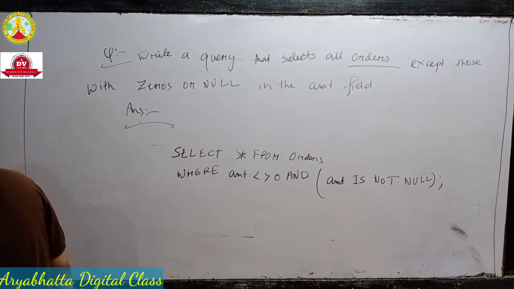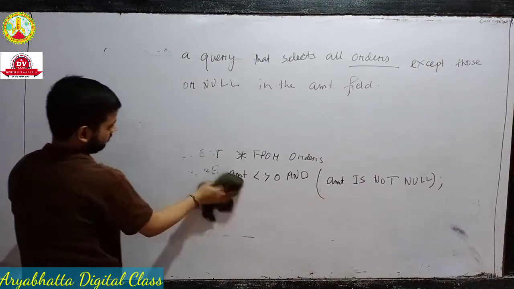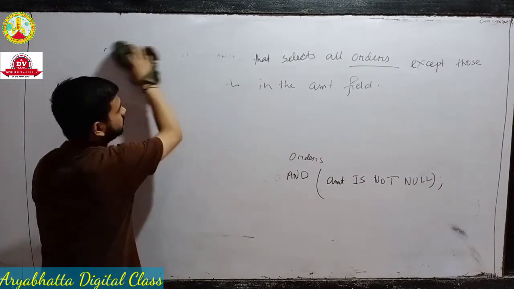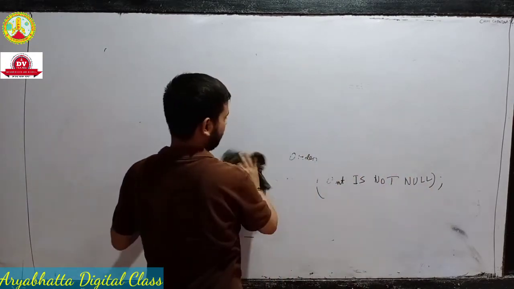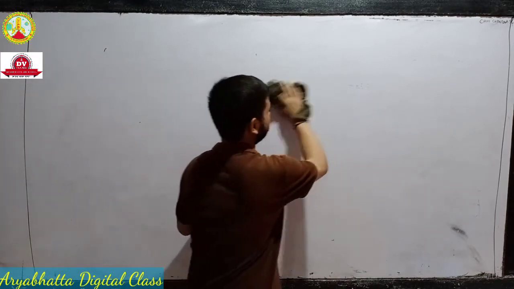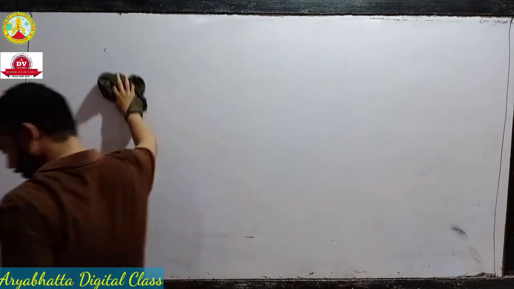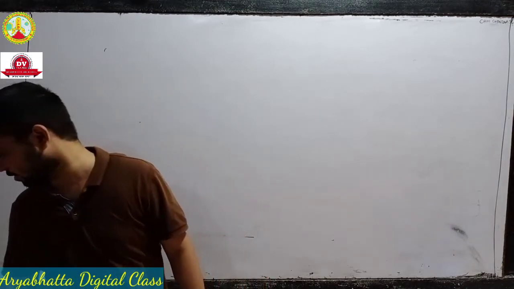So okay, next we do one big table query problem. In the book, you see question number 15. I just don't make the table.